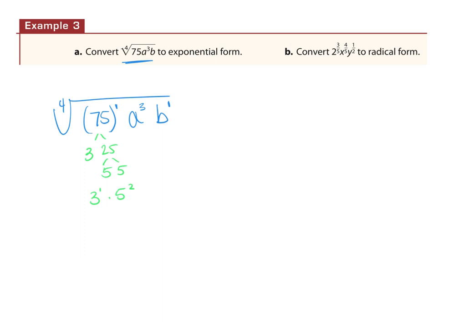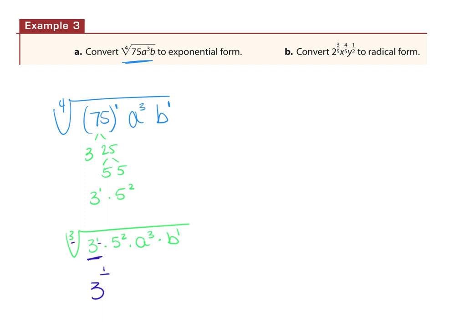You break it down, you can say 3 to the 1st power, and I have 2 5s. That's why I would write 75 in there. So if I were to look at this whole thing, breaking down the 75, I have 3 to the 1st power times 5 to the 2nd power. That's my 75. Times A to the 3rd power times B to the 1st power. And they want that, instead of under a radical, written with fractional exponents. So I'm going to do them all individually. 3, my numerator here is that 1.